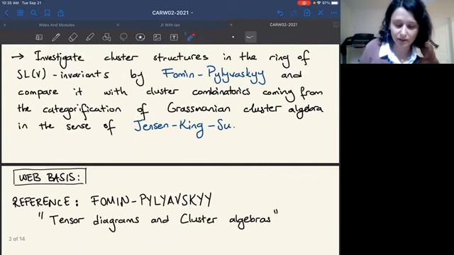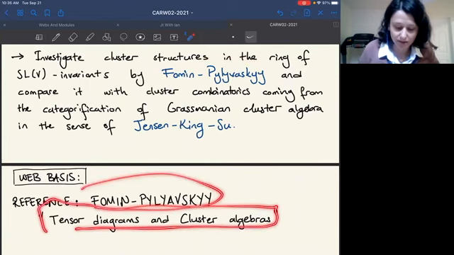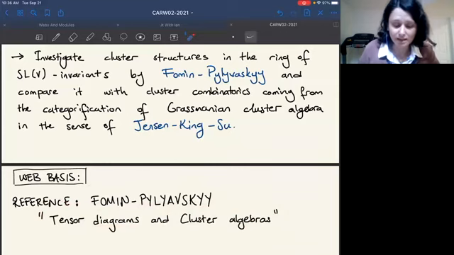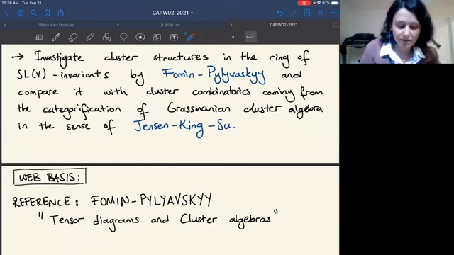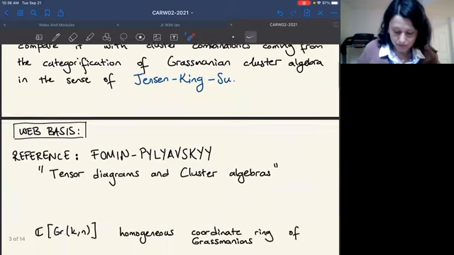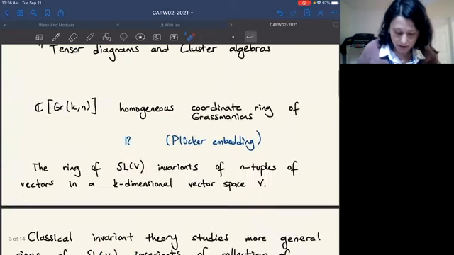Actually, even in their paper, tensor diagrams and cluster algebras, Fomin-Pylyavskyy state that the web basis, which is the main object that carries the cluster structure, coincides with the dual semi-canonical basis of Lusztig. So it is very natural to think about the Jensen-King-Su categorification and try to relate if there is any connection. That's the motivation.